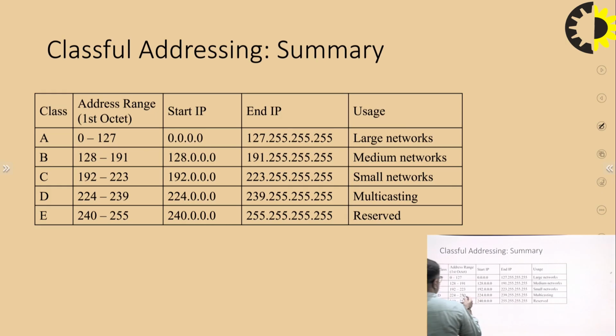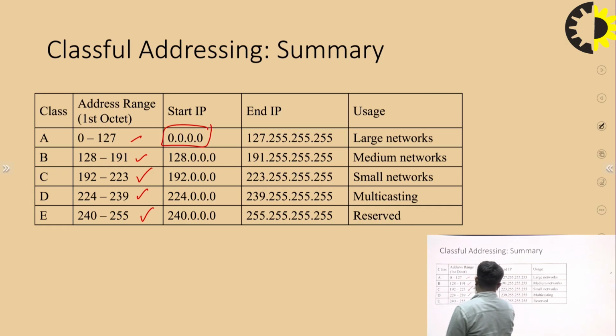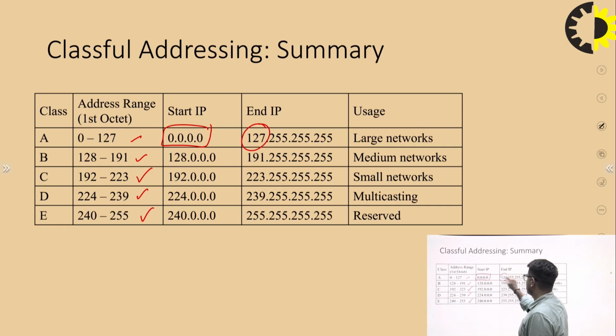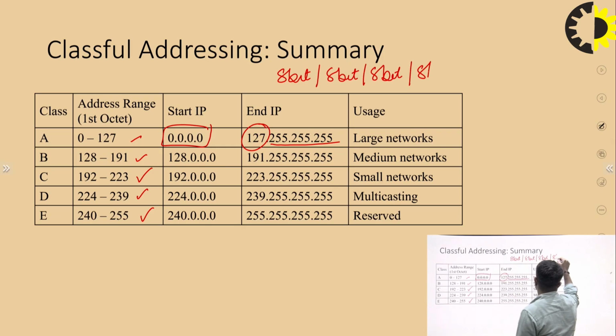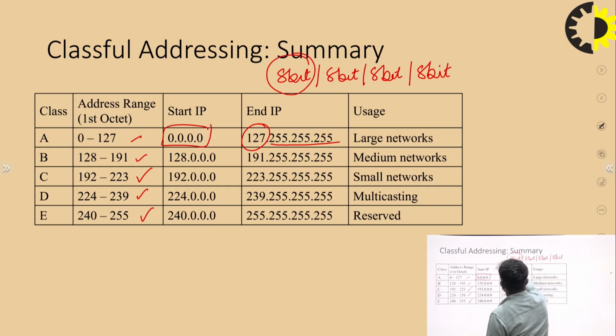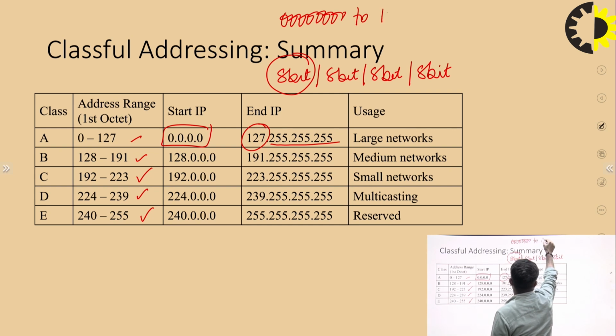So we have summarized it like this: 0 to 127, 128 to 191, 192 to 223, 224 to 239, 240 to 255. So the starting address will be 0.0.0.0 to 127 dot all last 3 segments. Remember, class A has 4 8-bit segments. So the first 8-bit segment can be 8 zeros to 8 ones. Okay.